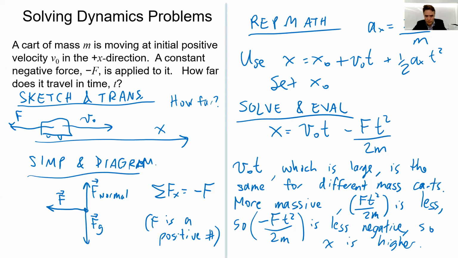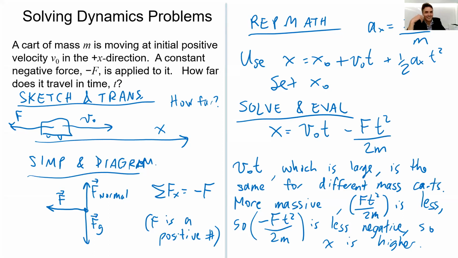Another question, I have time for Siddharth. Hey, Professor, can you hear me? Yeah, I can. So I just had a question about a question like this, for example. When it says how far does it travel in time, are we good with just leaving the simplified formula there? Or do we need to write the paragraph where we explain what would happen with the equation depending on what values are actually there?